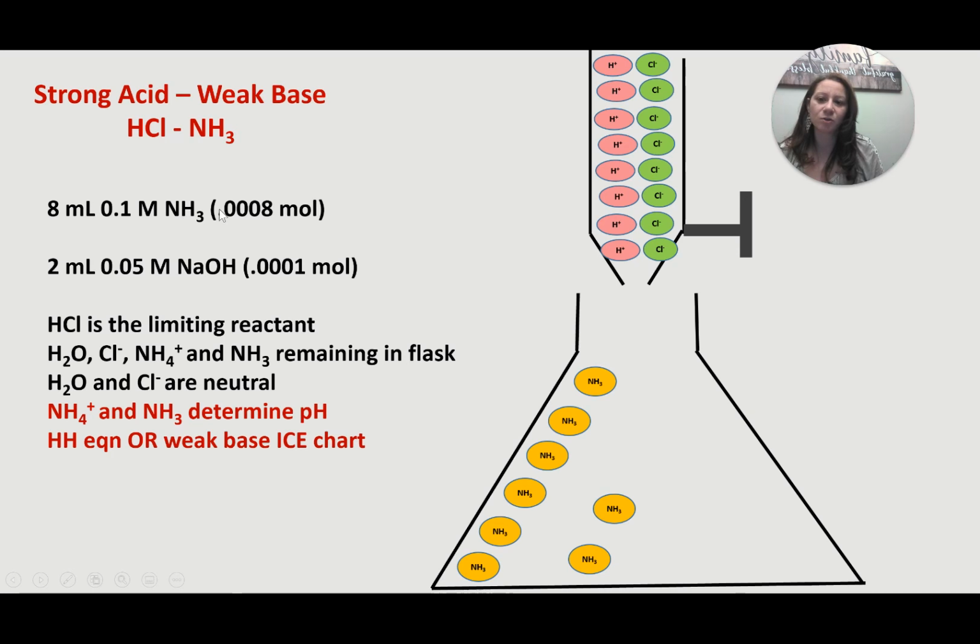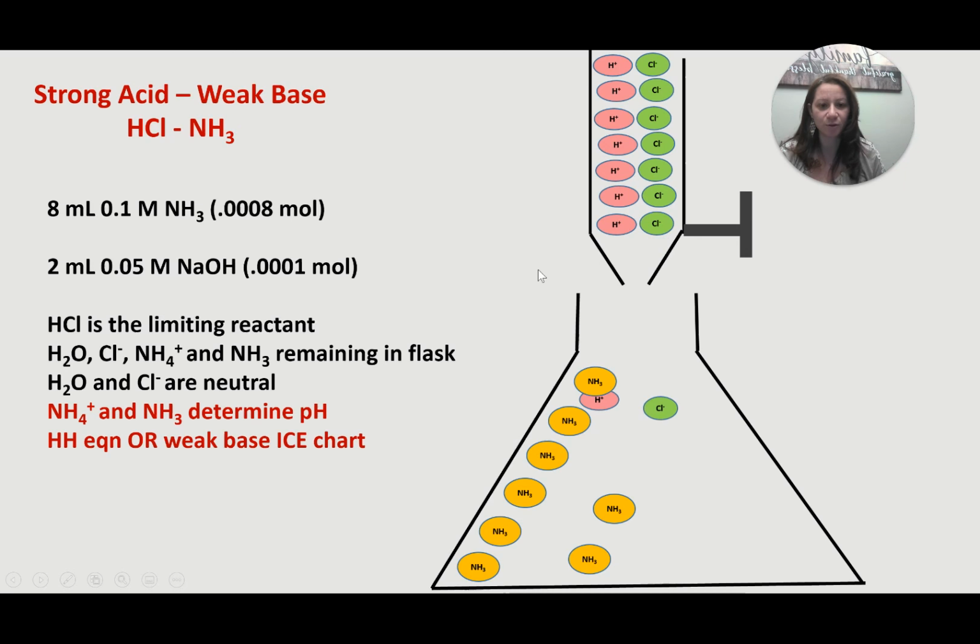So I'm going to use 0.0001 mole as one of these, and so I have 8 of them. I'm going to add 2 milliliters of my, I'm sorry, this should say HCl. I apologize. There's my HCl here. And so if I have 2 milliliters of 0.05 molar of the HCl, that's equivalent to 0.0001 moles, like we saw. And so I'm going to just release one of these.